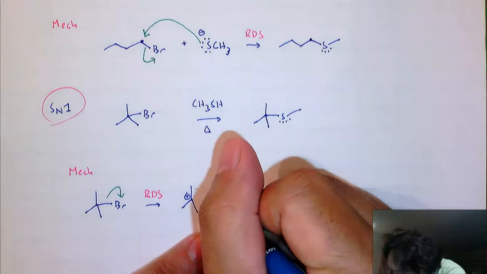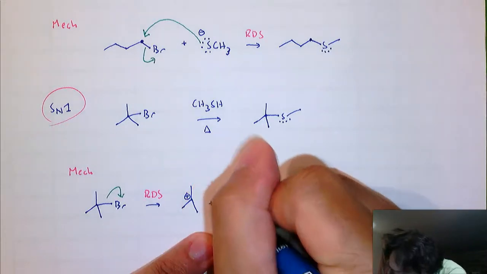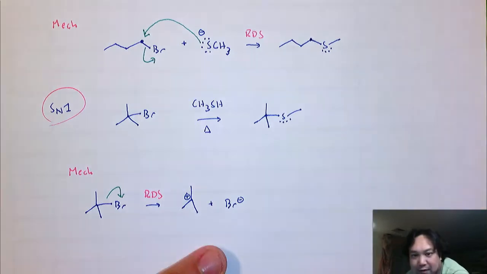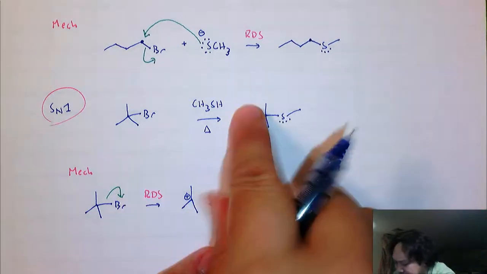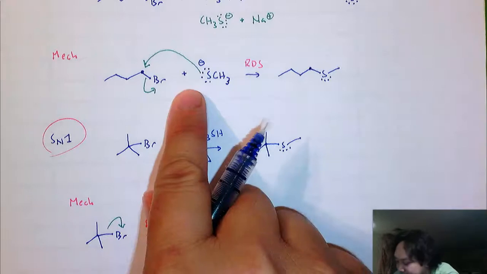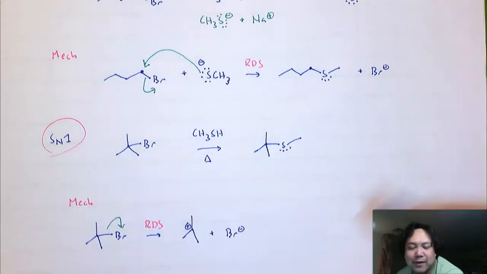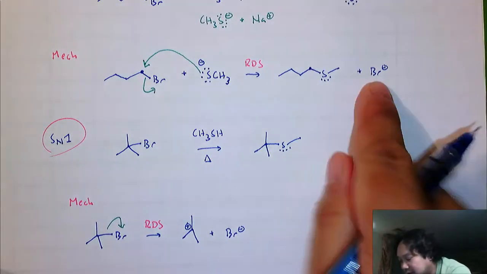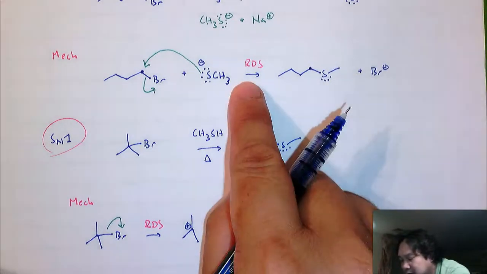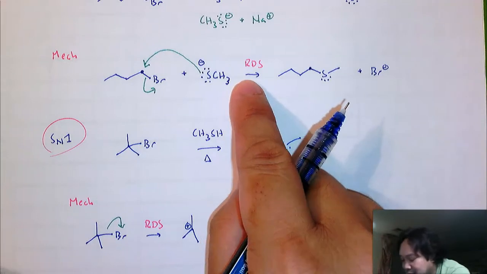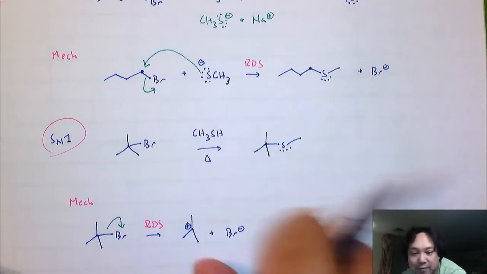Yes, we did create a Br minus, but we're not going to use it. Just like over here, we did create a Br minus. I'm trying to keep consistent. If I'm going to expect my students to draw all the products for each specific step, or for the preceding step, I'm going to have to do that myself.